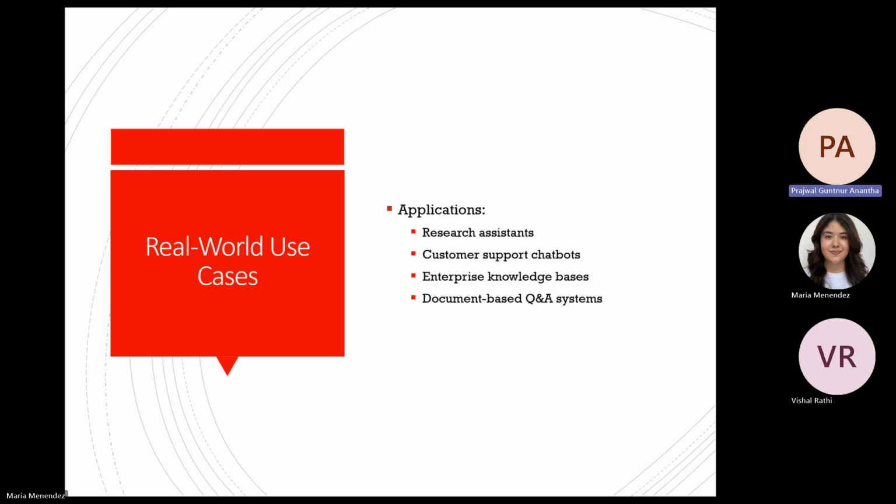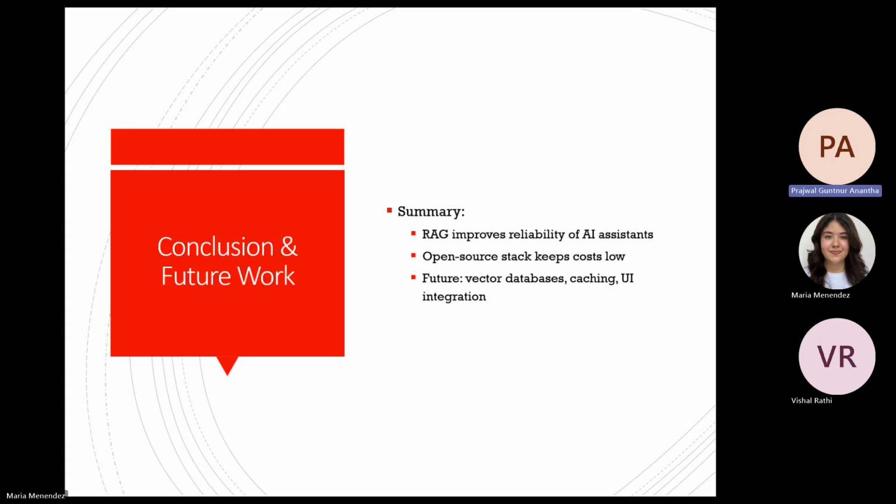The next slide is the conclusion. RAG improves many things by grounding responses in retrieved information. We drastically reduce hallucinations and provide traceable and accurate answers. It's open source and cost free as well, and we did not use any APIs.